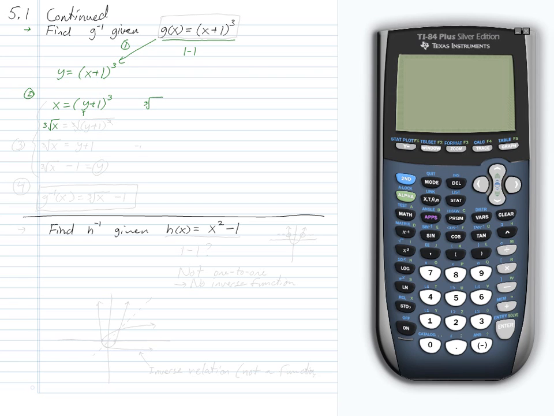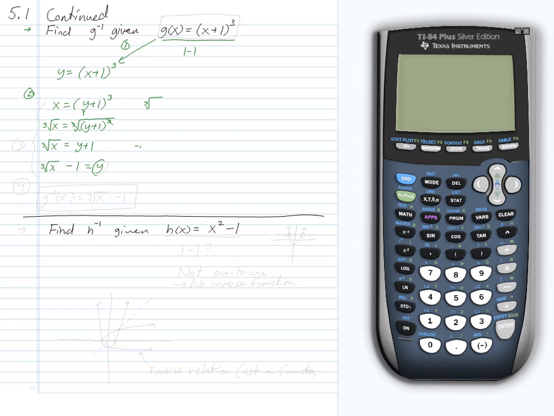Alright, so in this case, I think that if we cube root both sides, we'll get the cube root of x and the cube root of y plus 1 quantity cubed. And those two actions cancel each other out. So the cube root of x equals y plus 1. And we're almost done. We can just subtract 1 from both sides. So the cube root of x minus 1 equals y.